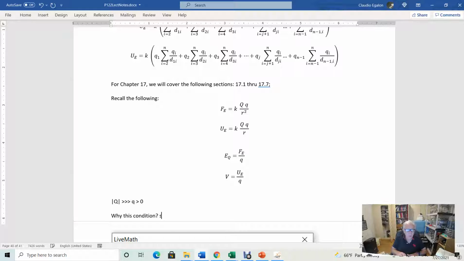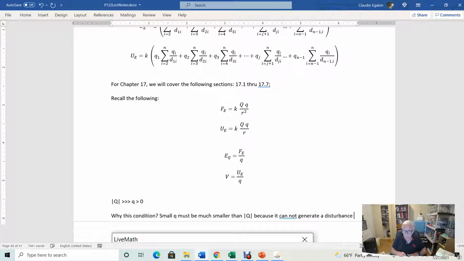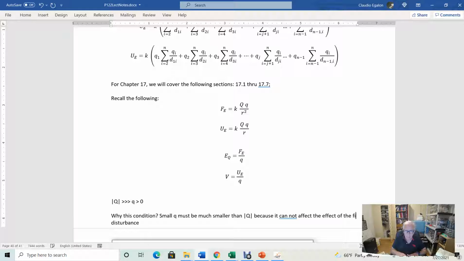The small q must be much smaller than the magnitude of big Q, because it cannot disturb, it cannot affect the field and potential of the larger charge.